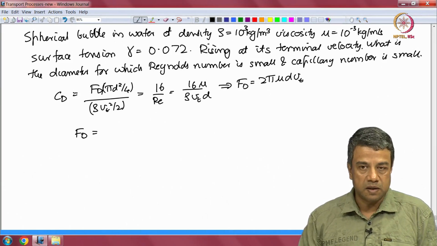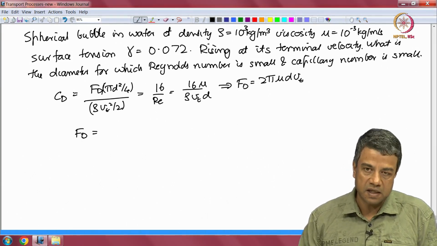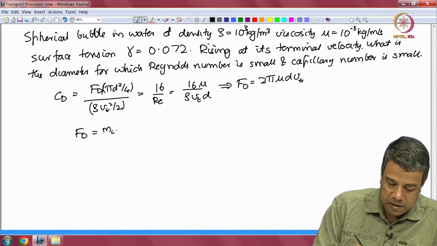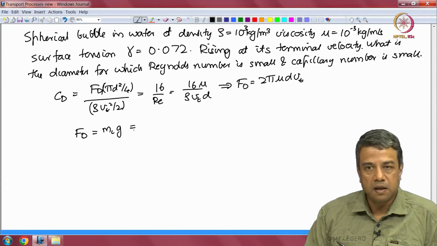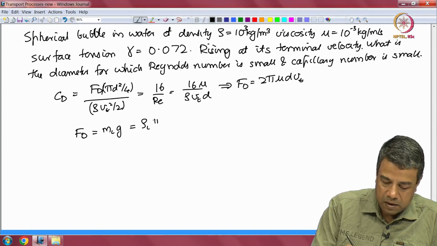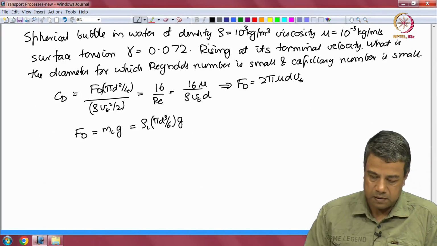Liquid is about 10 power 3. So, we can neglect the gas density in comparison to the liquid density. So, this is equal to mass of liquid displaced times g. The mass of the liquid displaced is equal to density of liquid into pi d cubed by 6 times g.